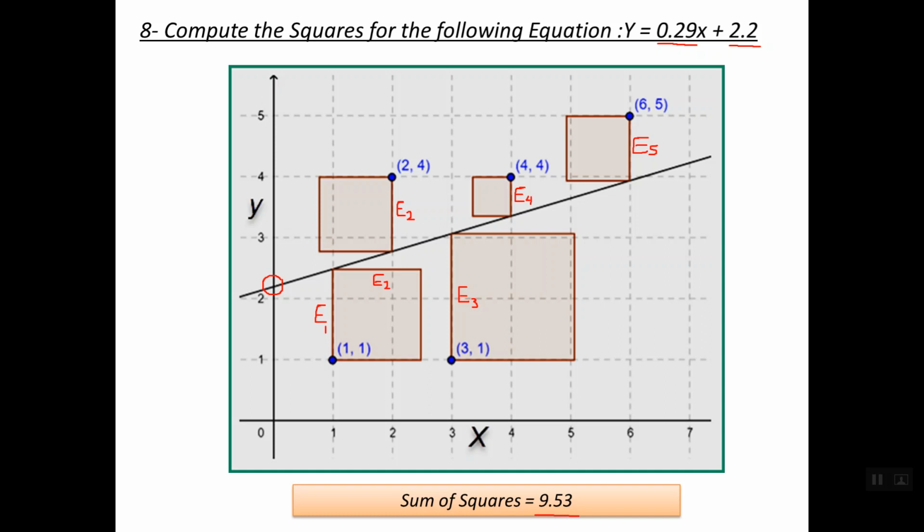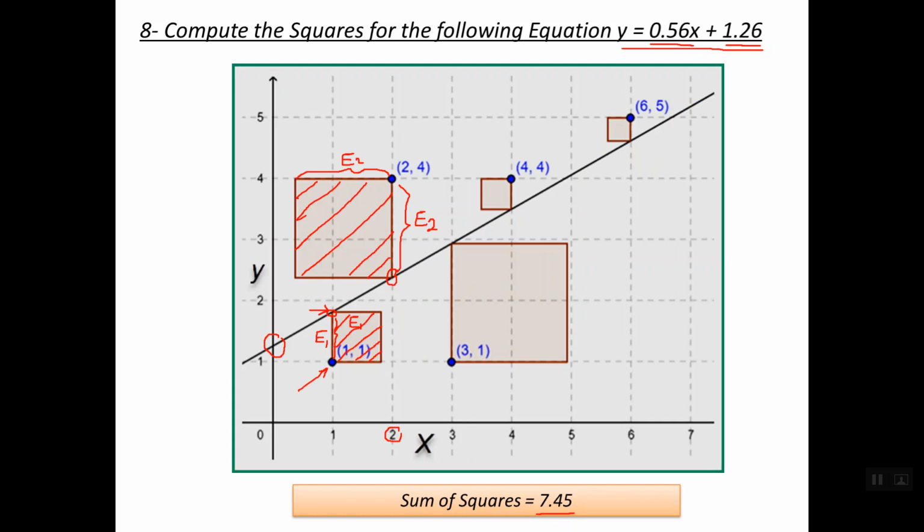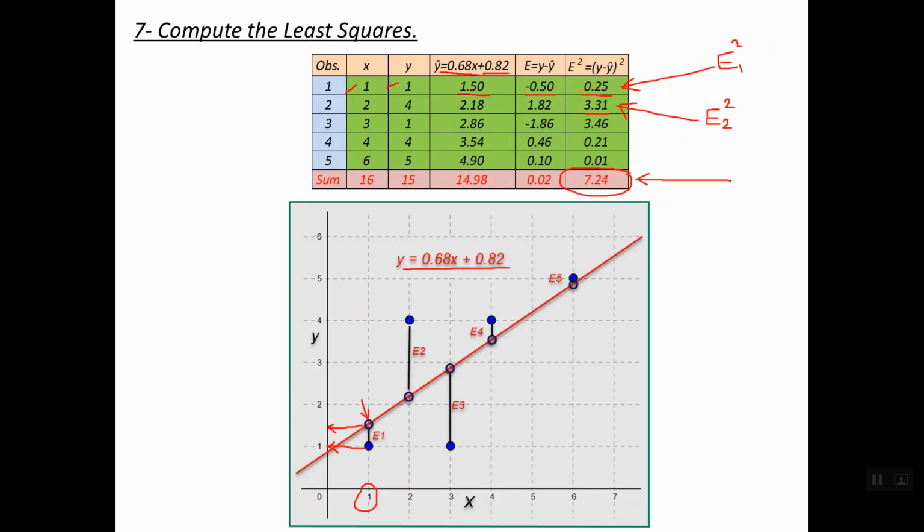As you see here, the sum of the squares of the error becomes greater than the previous one, and the optimal value of the least square is obtained with the regression line.